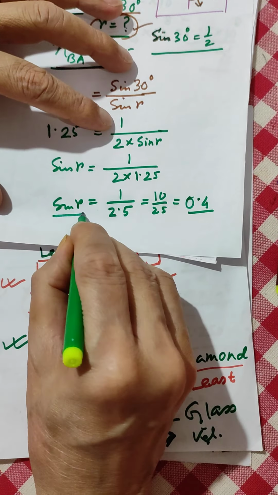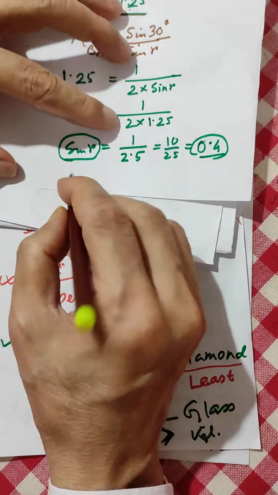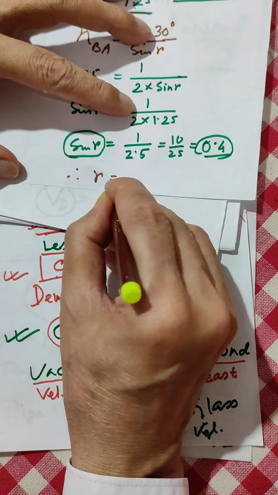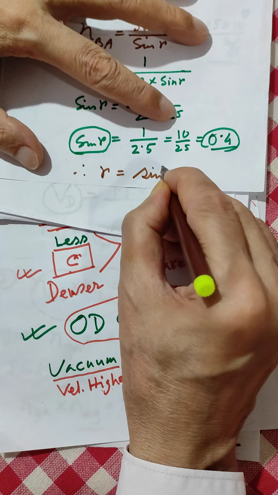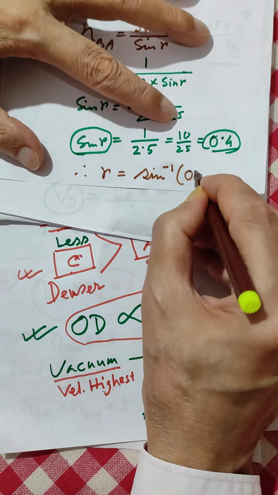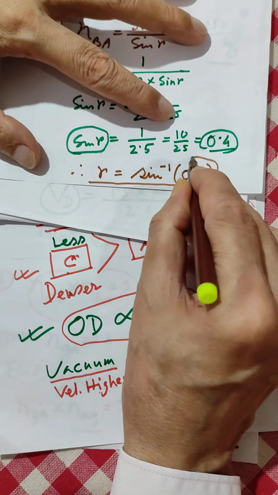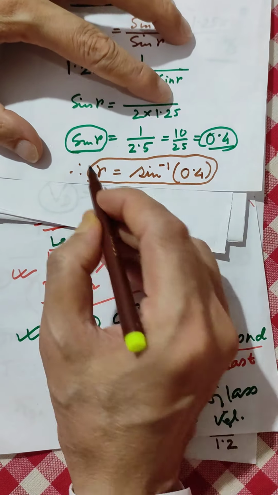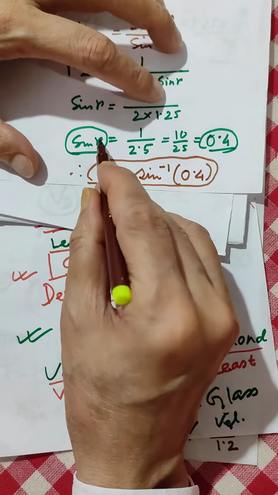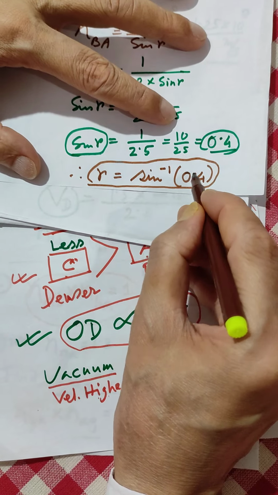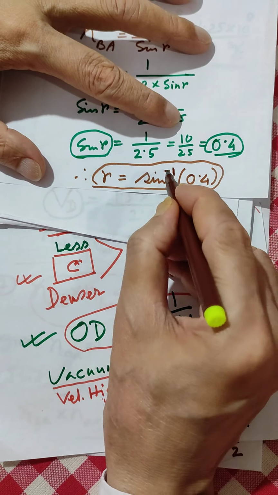So we got sin r equal to 0.4. But we need r. Therefore the final line will be, therefore r equals sine to the power minus 1 of 0.4. This is how you have to write. So note how you have to write. Sin r equals 0.4, therefore r equals sine inverse 0.4. Now this is how you will read it, sine inverse, that is sine to the power minus 1.